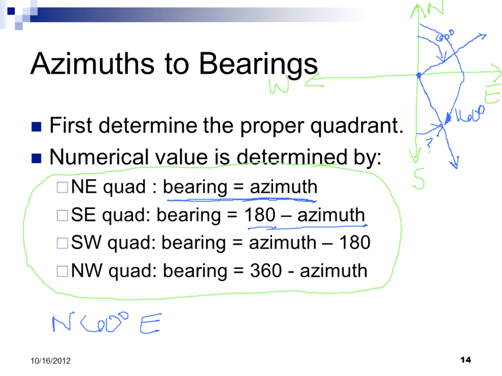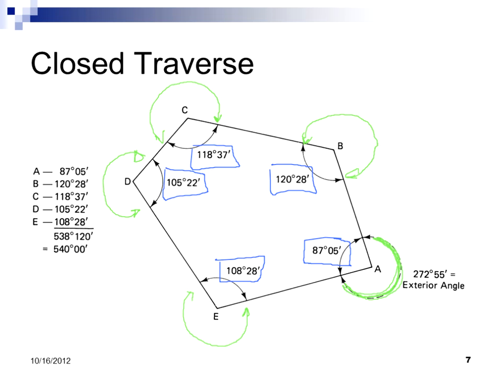So let's get to the meat of why we're doing all this. Ultimately, let me go back to a much earlier slide here. Ultimately, when you have a closed traverse, you will typically have an initial meridian.